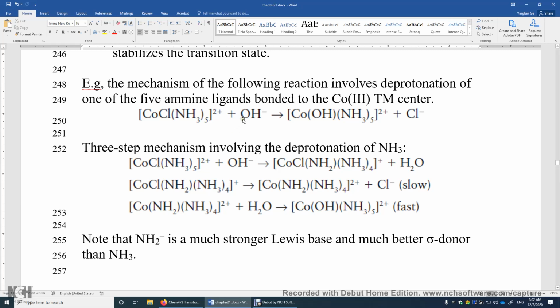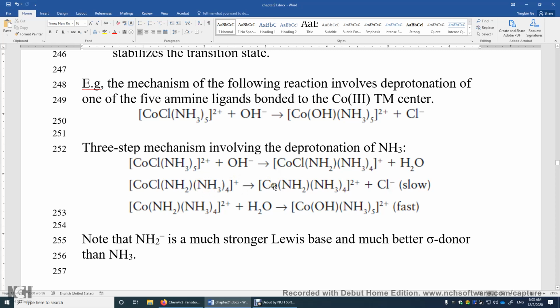But it's not that this OH- just comes in, forms, say, a partial bond with cobalt, and this chloride leaves. It's not that simple. It involves the formation of an NH2- ligand in the middle. And that helps to accelerate this slowest step in this mechanism. Okay? And this step is dissociation. You go from one particle on the left-hand side to 2 particles on the right-hand side.